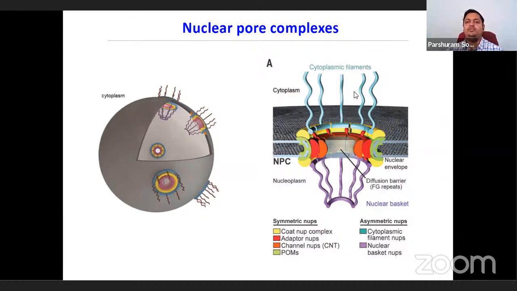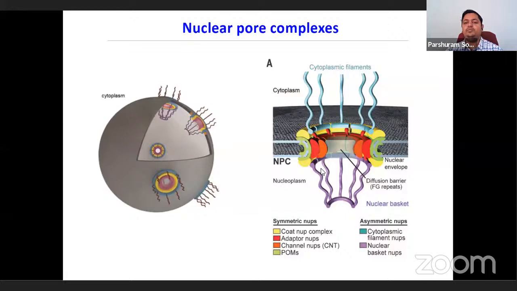The most commonly known are the cytoplasmic filaments, which are present towards the cytoplasmic side, and the nuclear basket, which has a basket-like shape and is present towards the nucleoplasmic side. Apart from that, there is an important core and membrane interaction region, which adheres this entire assembly to the nuclear membranes.